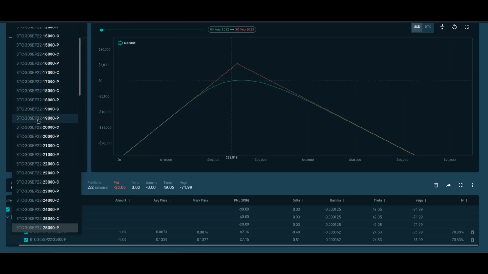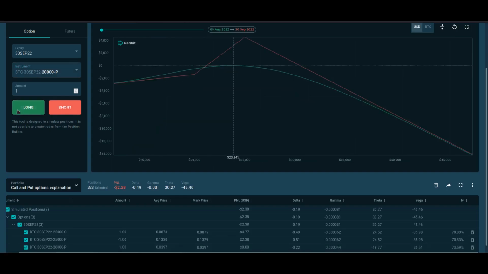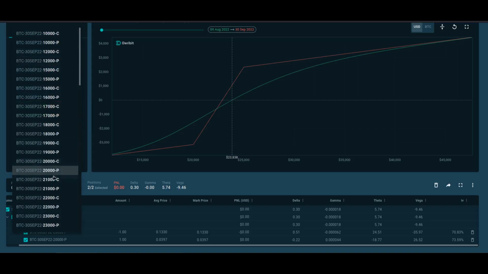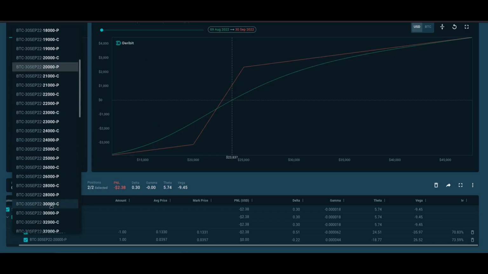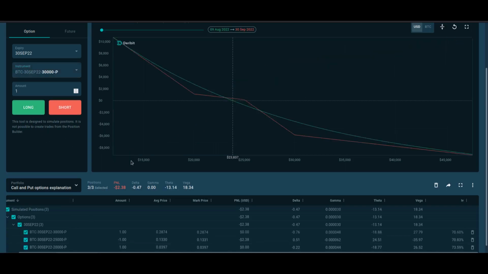For example, we buy in the put direction, it should be created like a spread, on puts, let's do 20, 30.